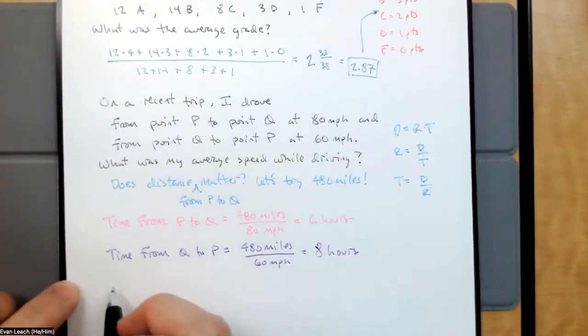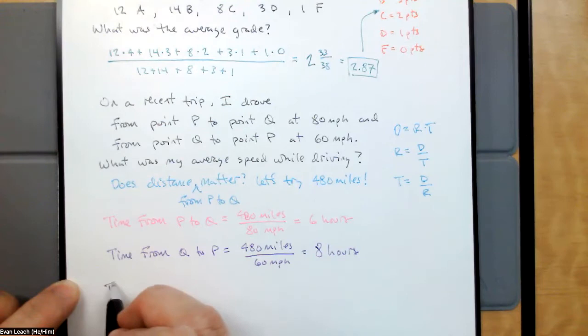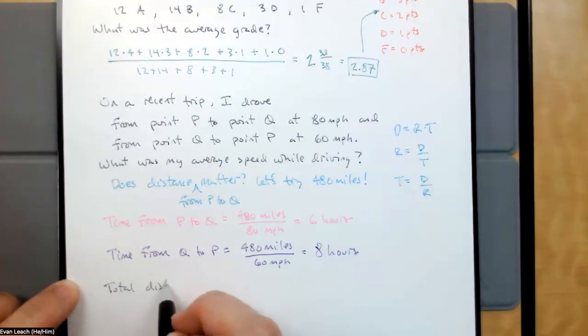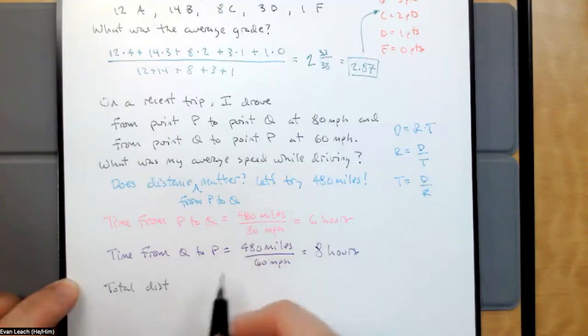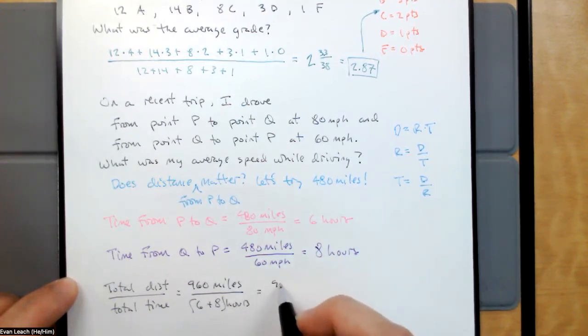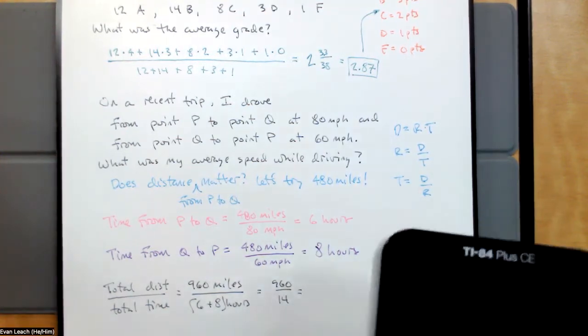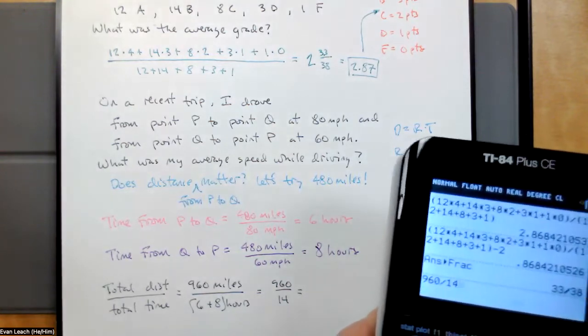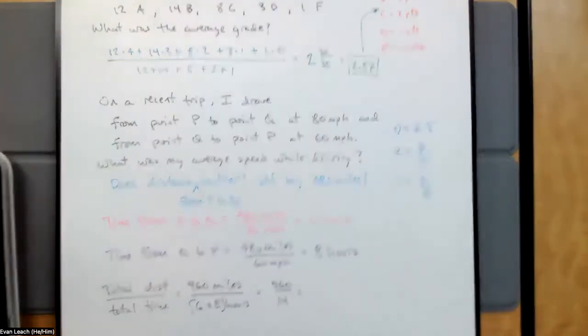So our average speed, let's see, our total distance will be 960 miles. And we'll divide that by our total time. So 960 over 14. $68.57.